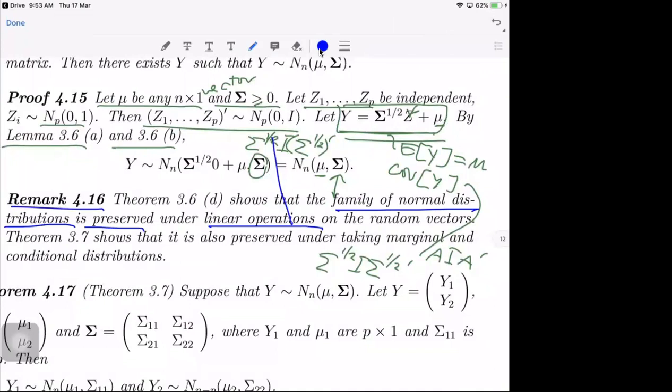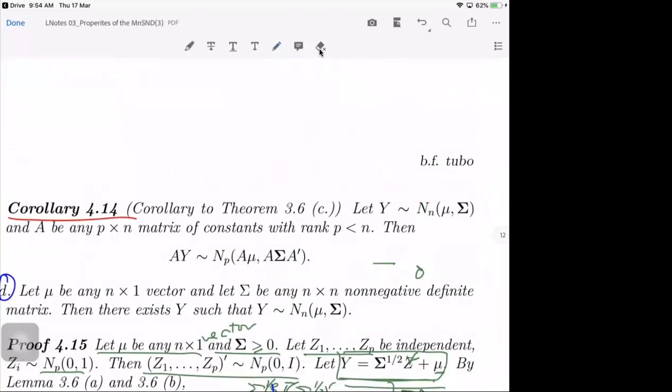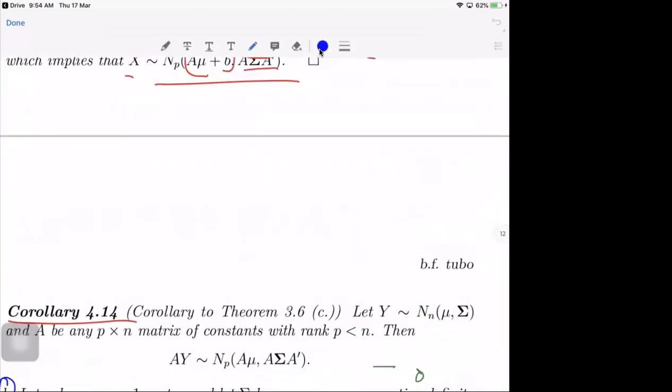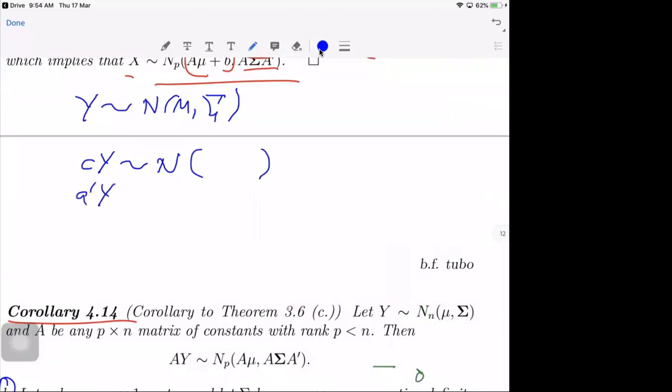So, mag-start mo linear, mag-start mo normal. So, if you have a y, normal, mu, sigma, any transformation, as long as it is linear, say cy is still normal, pero mag-usab lang ang mga parameters. A prime y, it's still normal.